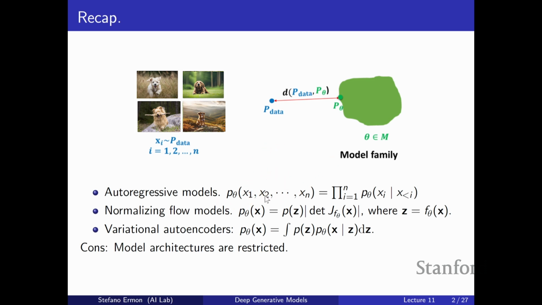It has to be a valid probability density or a valid probability mass function. So in order to do that, you have to either use the chain rule and break it down into a product of conditionals, or use some kind of invertible neural network to define the marginal distribution, or deal with approximations and use a variational autoencoder.